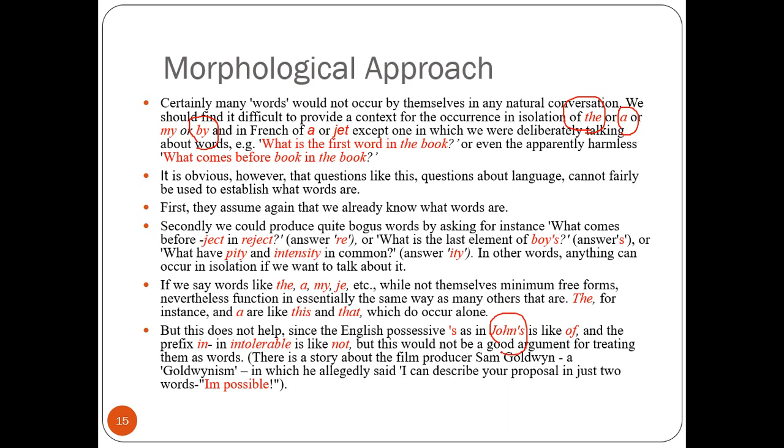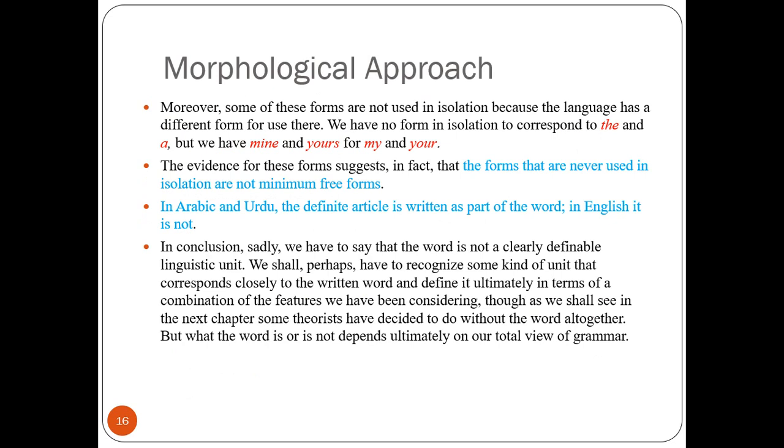But im and possible, what should we say? Should we treat them as two words? No, it's not like that. What I'm trying to say is that these two features, being indivisible and being isolable, cannot help us.